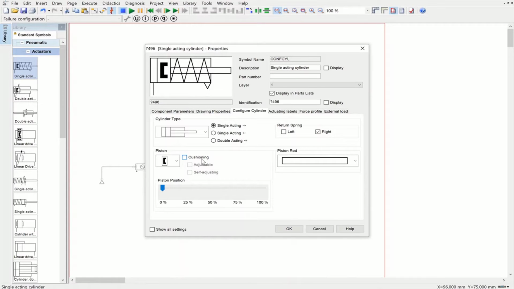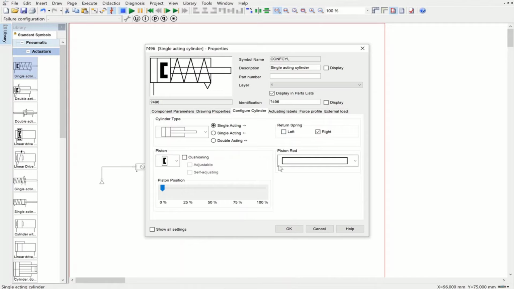And here we are getting those features in order to mimic real world industrial applications. Another thing you can see here is the piston position. We can adjust the position of the piston here and move it to the middle, or it can even go all the way to the fully advanced position.